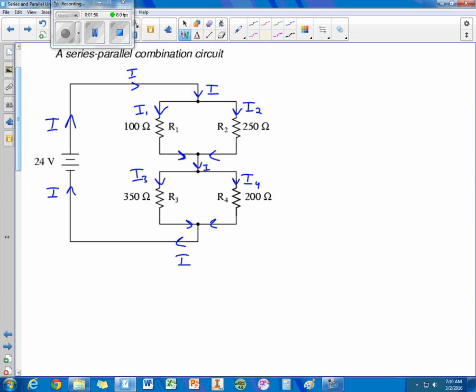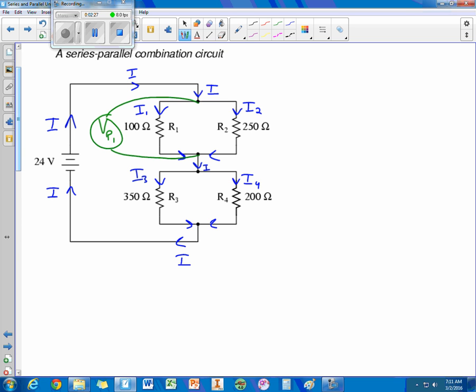The next thing I do is start to think about voltage. Now R1 and R2, they're parallel, so they're going to have the same voltage across them. I'm going to call this VP1, voltage for parallel 1. And that voltage, whatever VP1 is, it's going to be the same across R1 and R2.